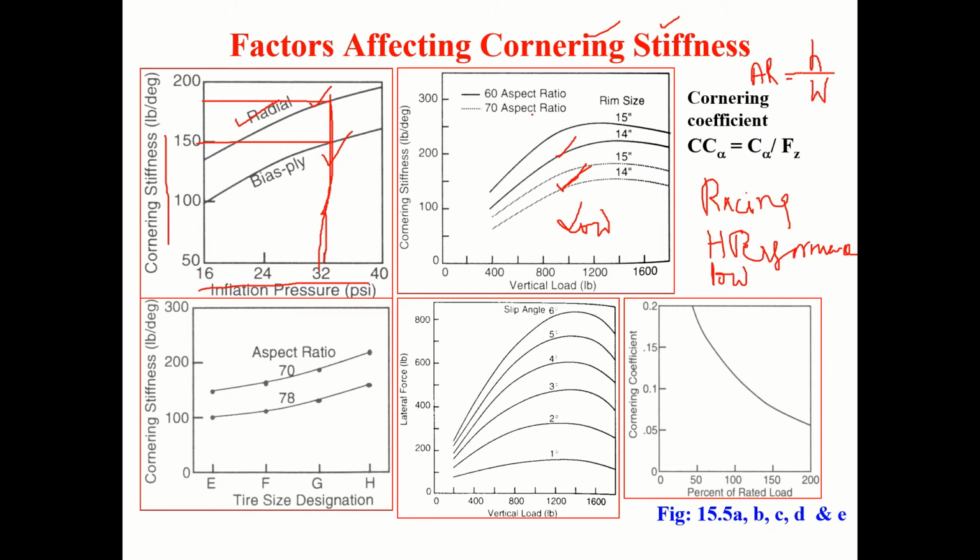And if the rim size is bigger, it's better. Rim size bigger, better. Smaller aspect ratio, better. So here again is cornering stiffness for tire size designation, aspect ratio. A lower aspect ratio tire is better than a higher aspect ratio tire.